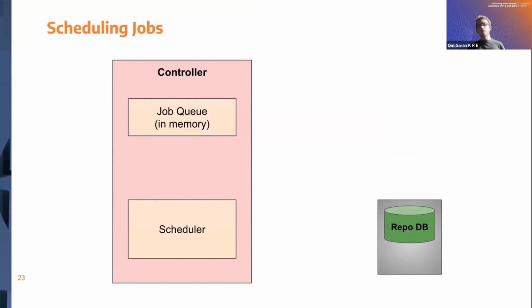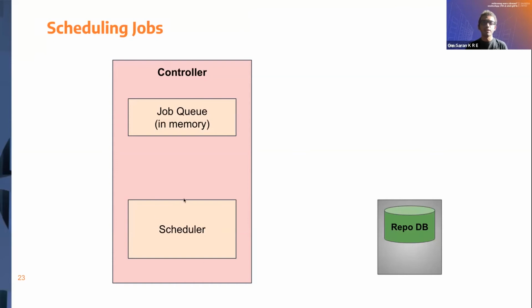Then we'll see how the jobs that are submitted by the users are scheduled. In the previous slide, we saw that when the user submits a workload, it gets registered in the repository database in the pending state.